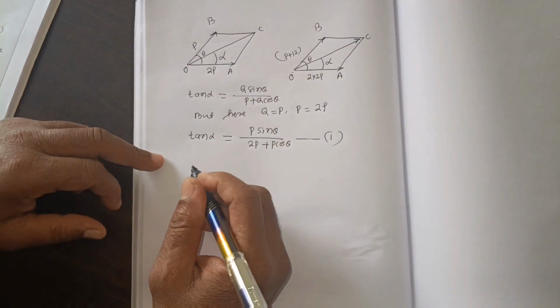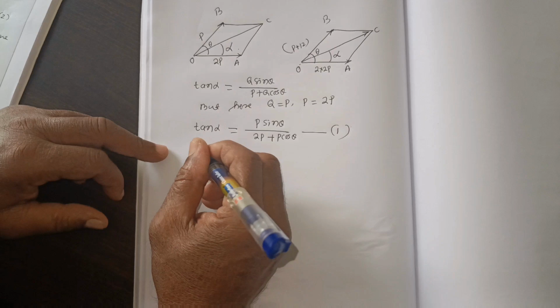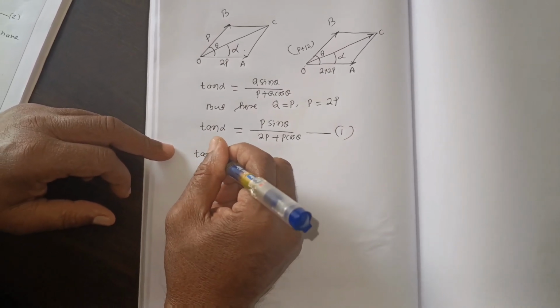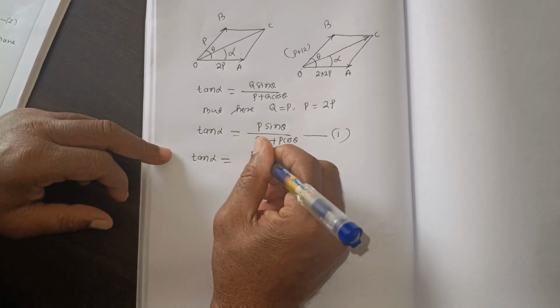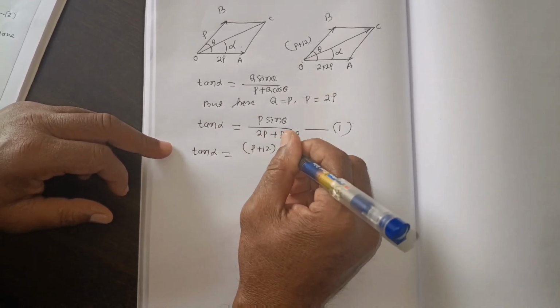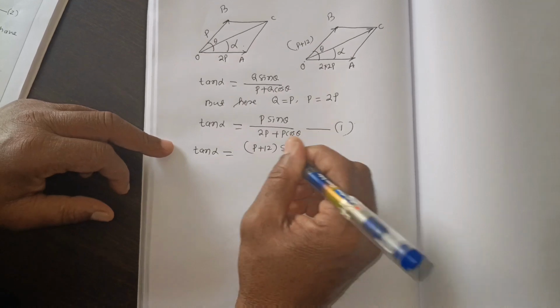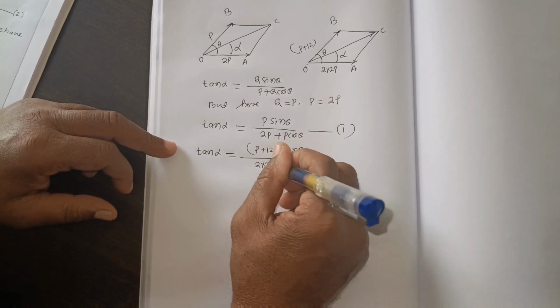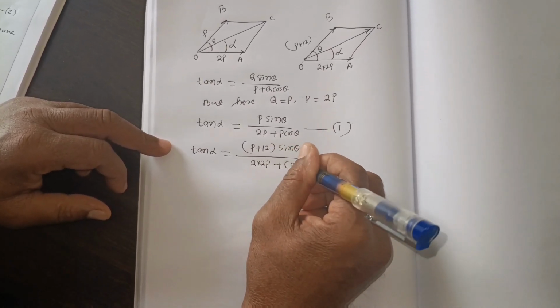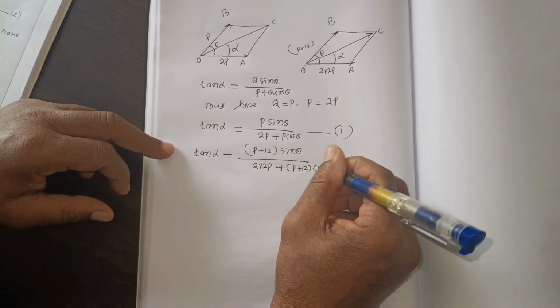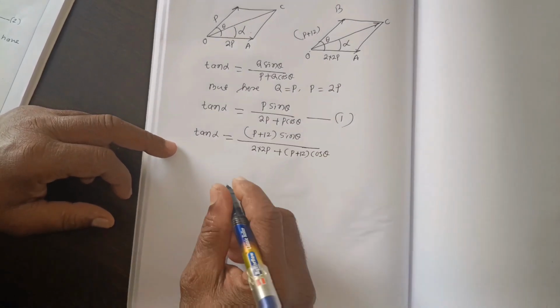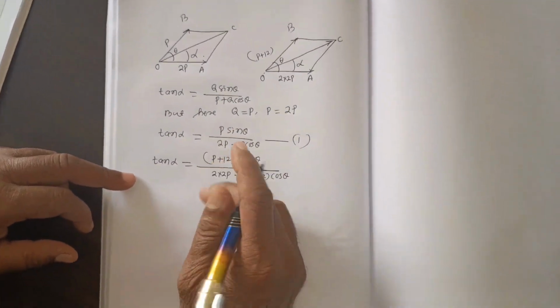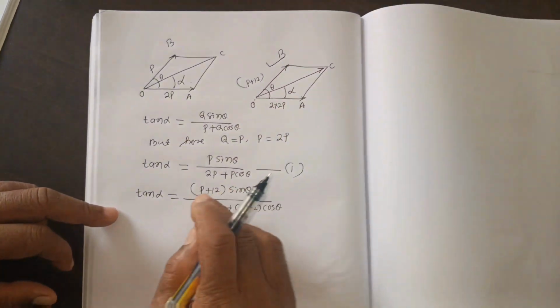In the second case we have tan alpha is equal to p plus 12 into sin theta divided by 2 into 2p plus p plus 12 cos theta, because here P is equal to 2 into 2p and Q is p plus 12 in the second case.